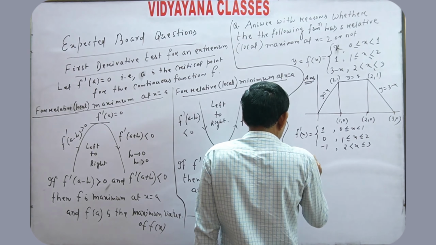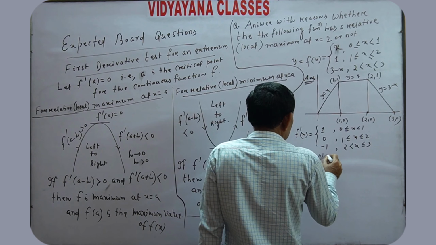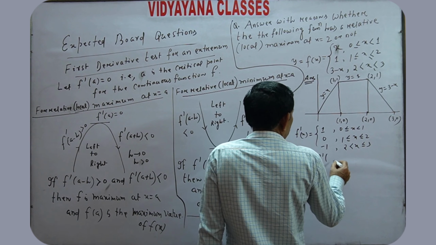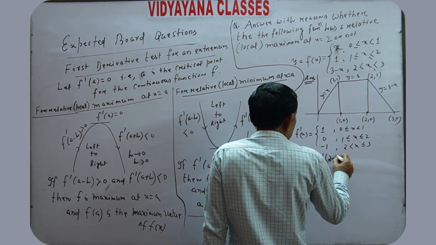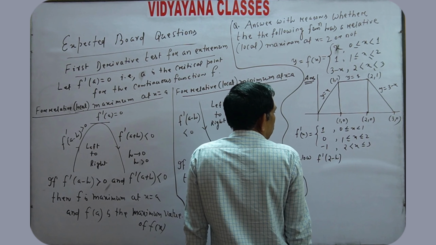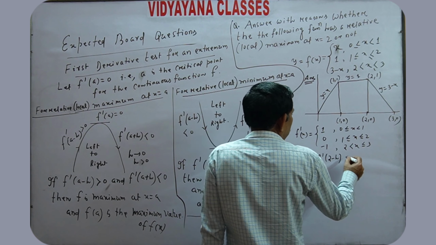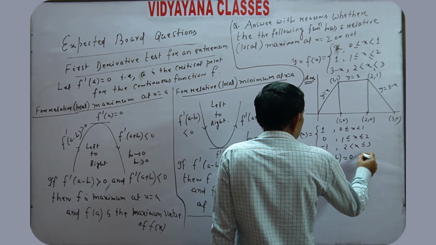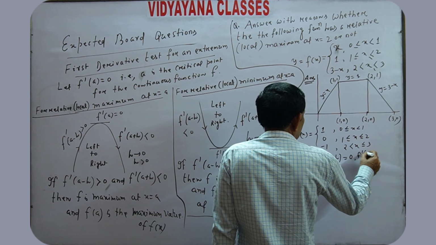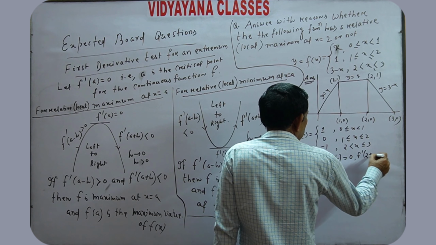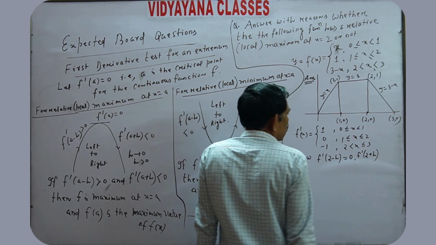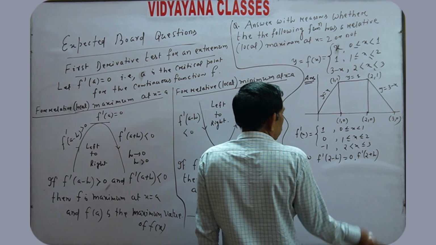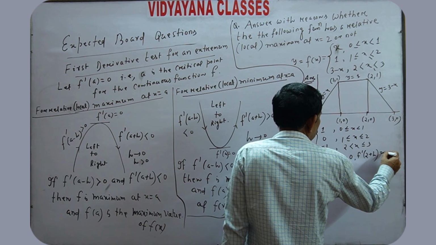Now f'(2 − h), that means x less than 2, the derivative is 0. f'(2 + h), that means x greater than 2, the derivative is −1.